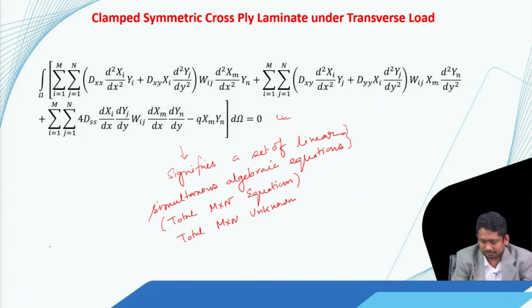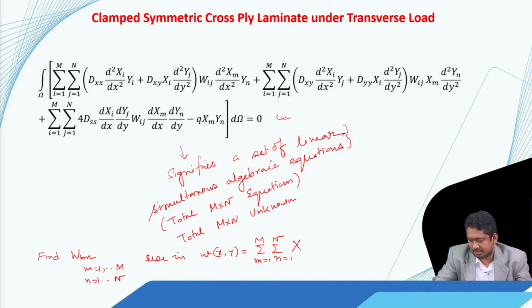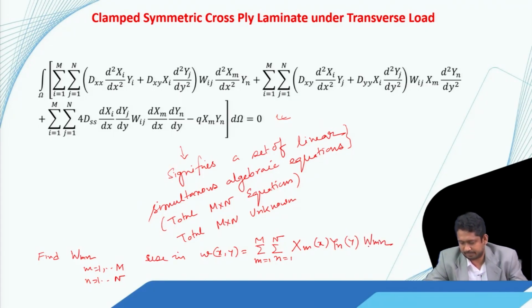So, from here, with m going from 1 to m and n going from 1 to n, find out W m n from here, and then use it in the solution W x y, which is the sum over n is equal to 1 to n, m is equal to 1 to m, X m which is a function of x, Y n which is a function of y, and here we have W m n.